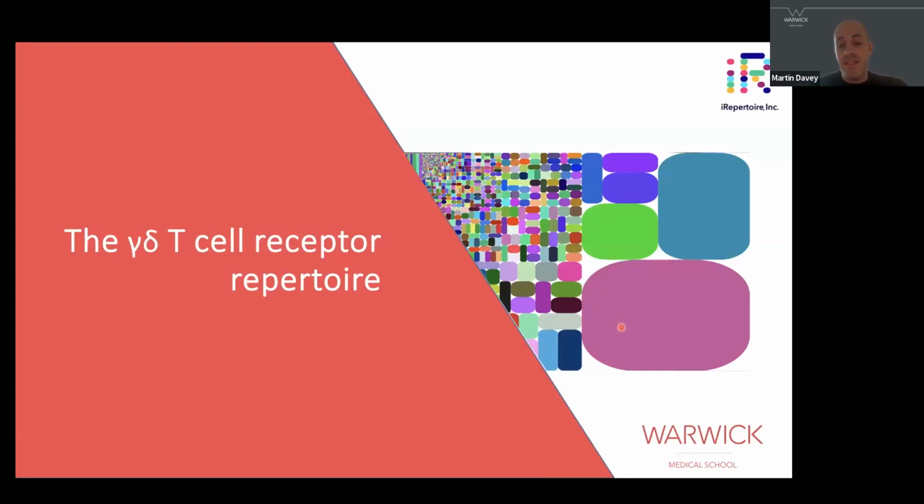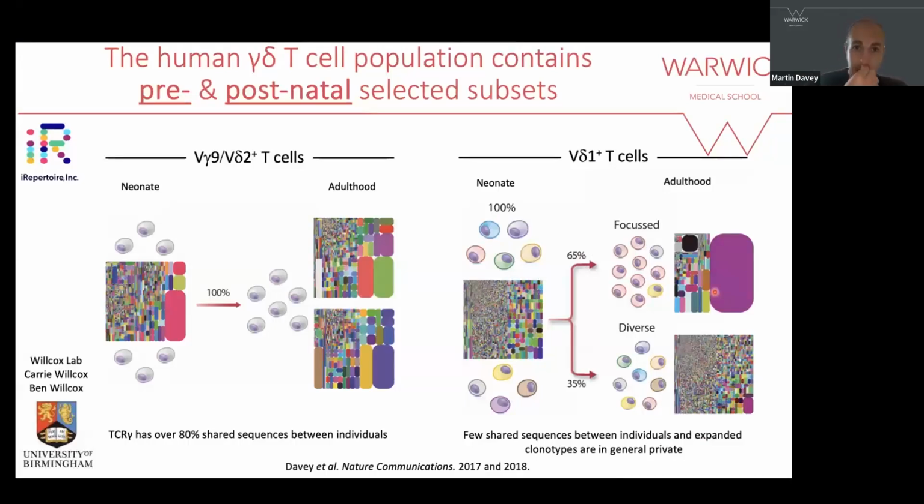And you can see there are quite significantly expanded single clonotypes within this example repertoire. This is actually a gamma delta repertoire taken from our research. I'm just going to talk a bit more about how we've looked at these repertoires and used these tree maps to visualize the behavior of gamma delta T cell receptor repertoires.